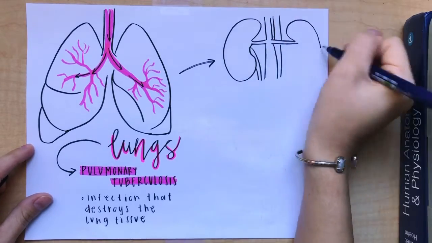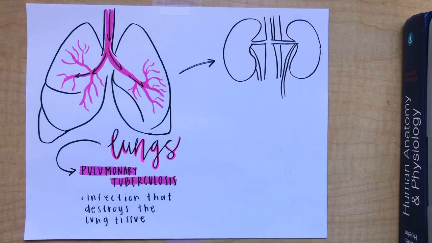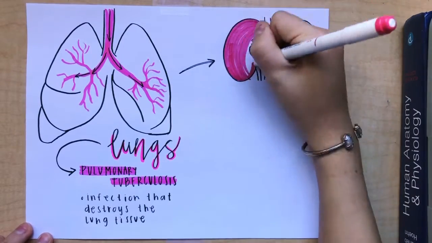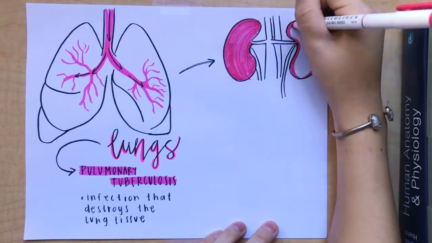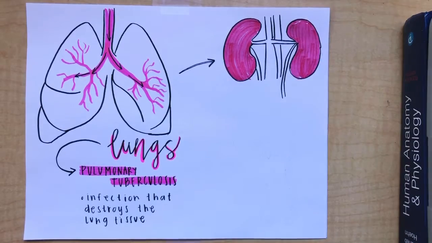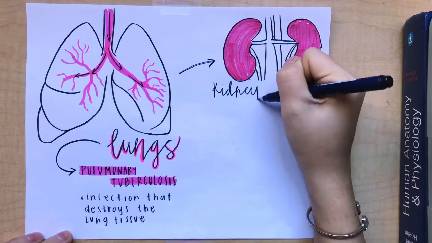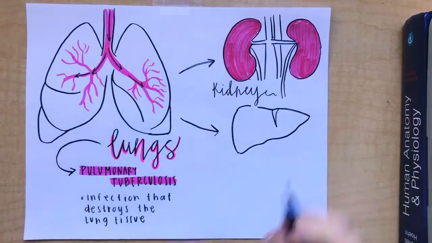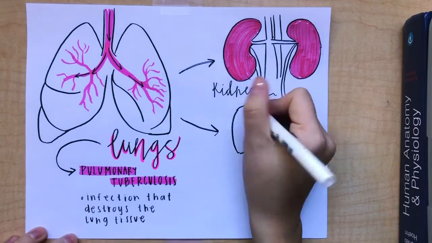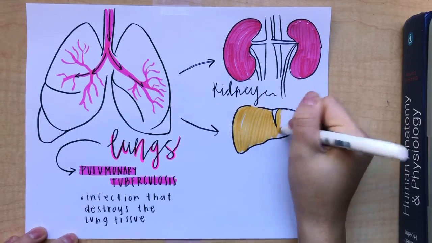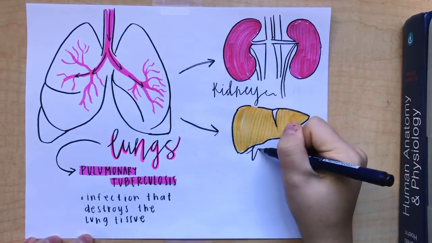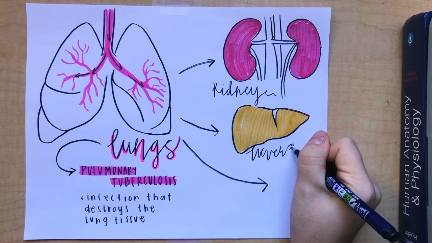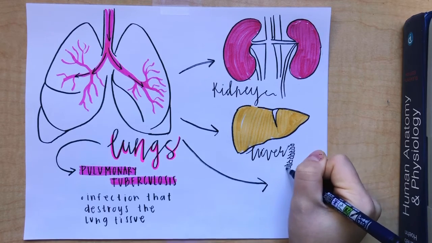It travels through your lymph system and your bloodstream and affects parts such as the kidneys, your liver, spine, and much more.